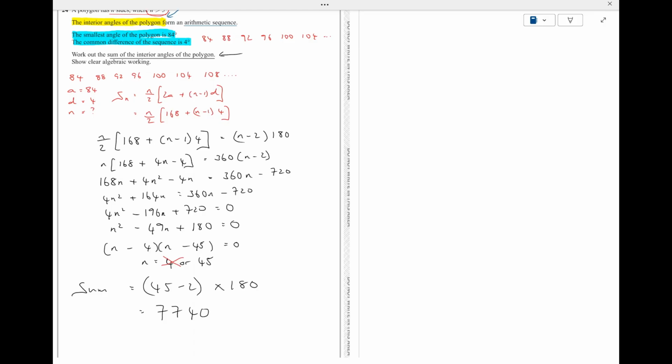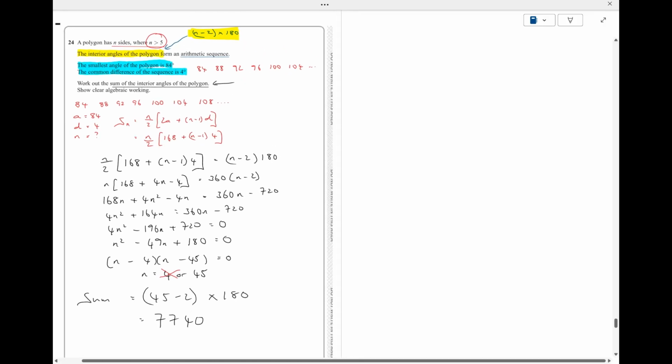Now you could have worked out that total by working out the sum of the first 45 terms of our arithmetic sequence as well if you wanted to, but I chose to use the n minus 2 times 180. And that's question 24 done.